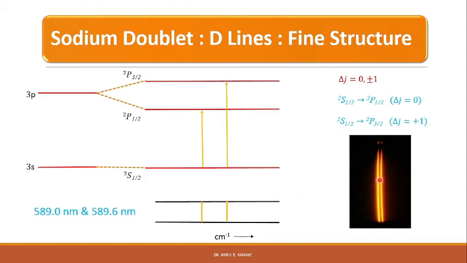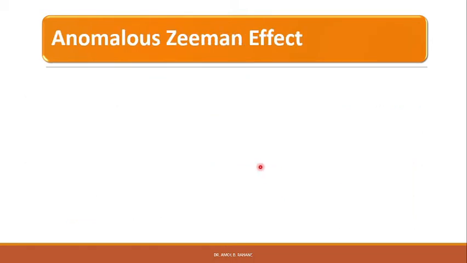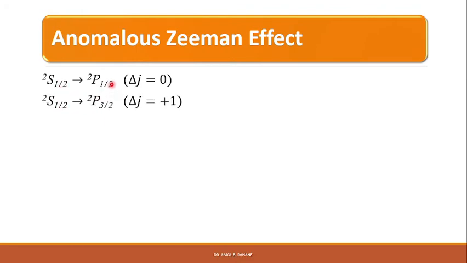So this is the sodium doublet in the absence of an external magnetic field. In the sodium D lines, the transitions are between the doublet S 1/2 state and the doublet P 1/2 and doublet P 3/2 states. So these transitions are doublet S 1/2 to doublet P 1/2 and doublet S 1/2 to doublet P 3/2.